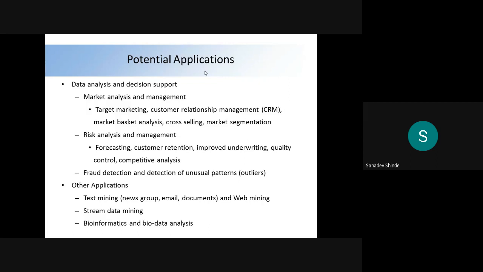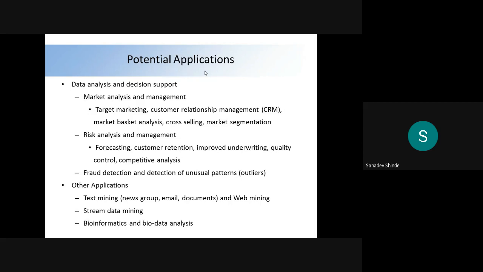Now the fraud detection. In the case of fraud detection also, we are going to use the data mining concepts here. Again, we have other applications like text mining. In text mining, in the field of news groups, email documents, and web mining. So what is web mining here?